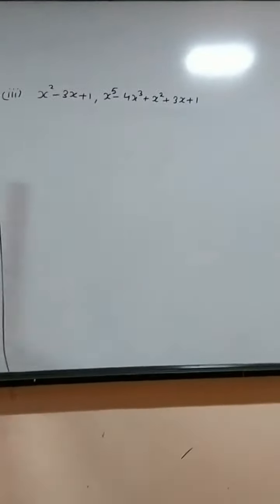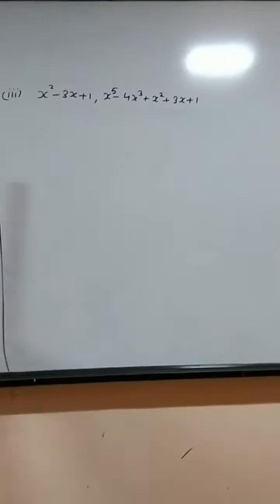Question 9. If two zeros of x4 minus 6x3 minus 26x squared plus 138x minus 35 are 2 plus or minus root 3, find the other zeros. 2 plus root 3 and 2 minus root 3 are zeros of the polynomial. Therefore, x minus 2 minus root 3. Why?